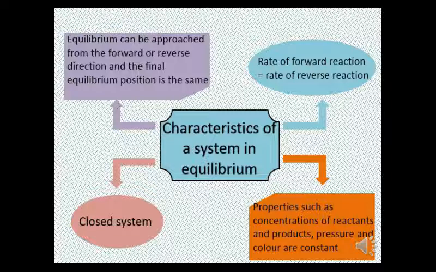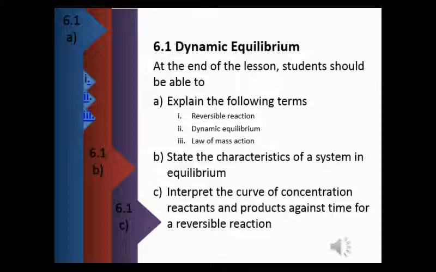So it comes to the end of my slide. The last part in 6.1 dynamic equilibrium, objective 6.1c, interpret the curve of concentration of reactants and products against time for a reversible reaction.